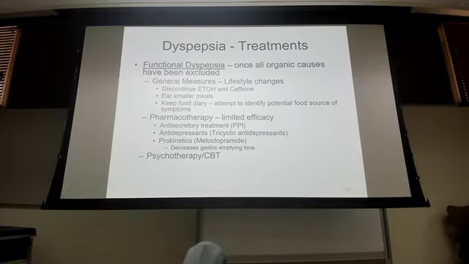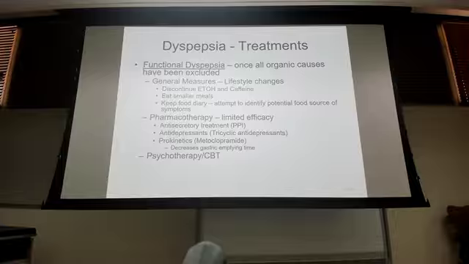Dyspepsia treatment. Functional is the most common chronic cause. You've ruled out all the possible organic causes. Lifestyle changes: stop doing the things that can cause it, eat smaller meals, keep a food diary. What are you taking that's making it worse? There's limited efficacy with pharm therapy. PPIs are our go-to, which is why we use them in empiric therapy if there are no organic causes or alarm symptoms.